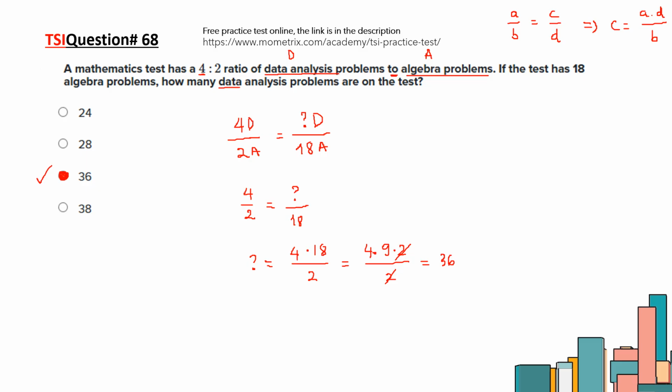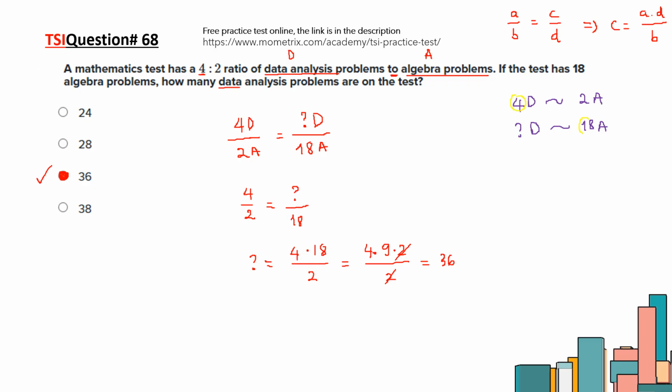We also can set this one up based on the conversion formula. It looks like this. We have 4 data go to 2 algebra problems. Now we have 18 algebra problems. How many data analysis problems will there be?